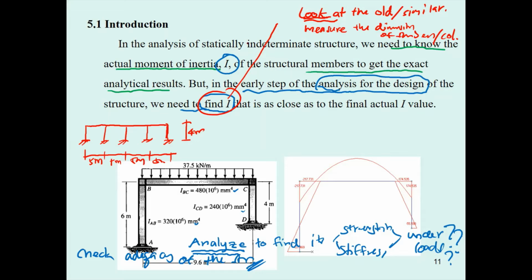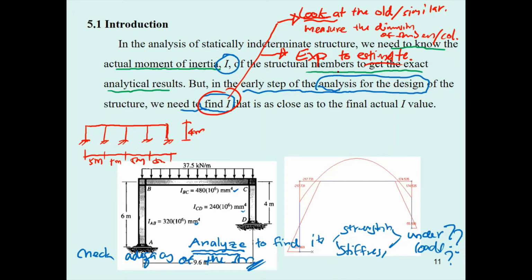But if you have a lot of experience, you may use your experience to estimate the size of the beam and the size of the column. That also can help.